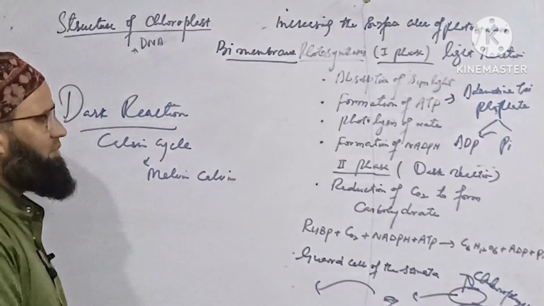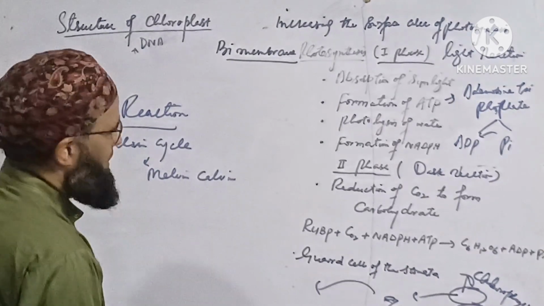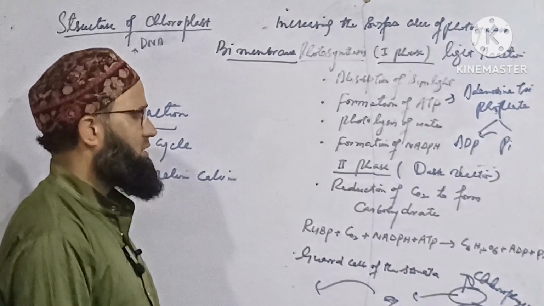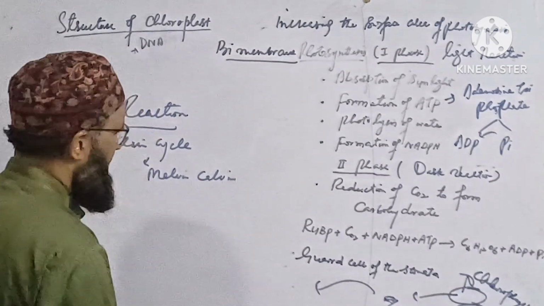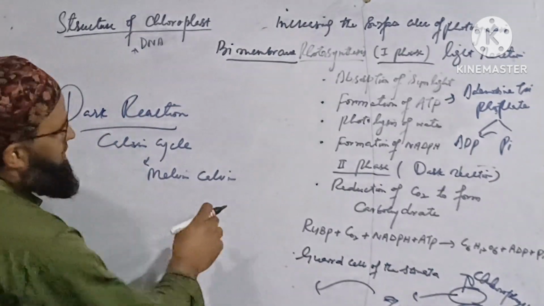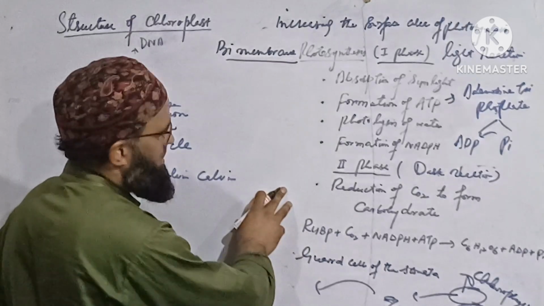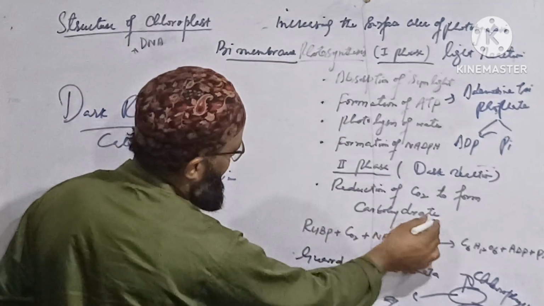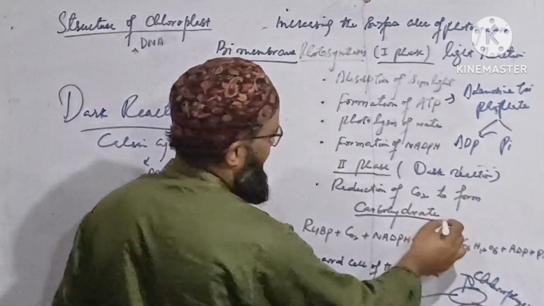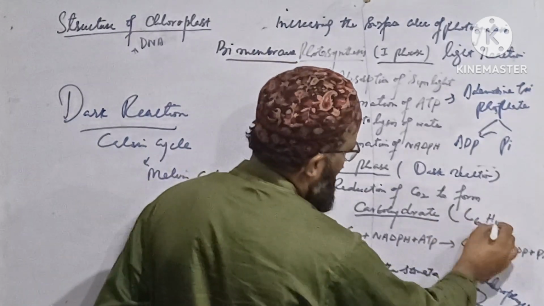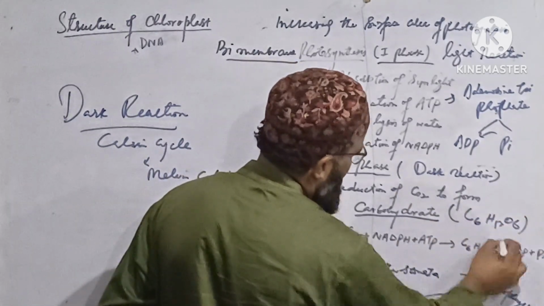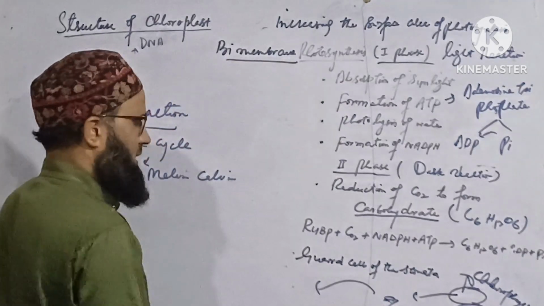Here in the second phase, the dark reaction, there is a reduction of carbon dioxide to form carbohydrate. The basic purpose of the whole photosynthesis process is the formation of this carbohydrate, that is C6H12O6. This is the glucose formation.